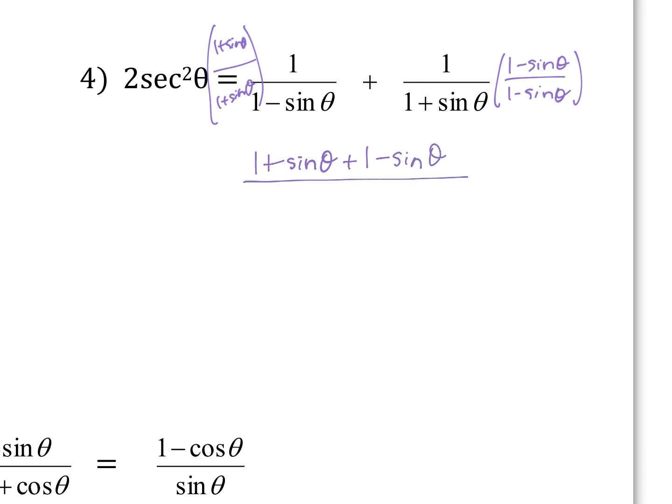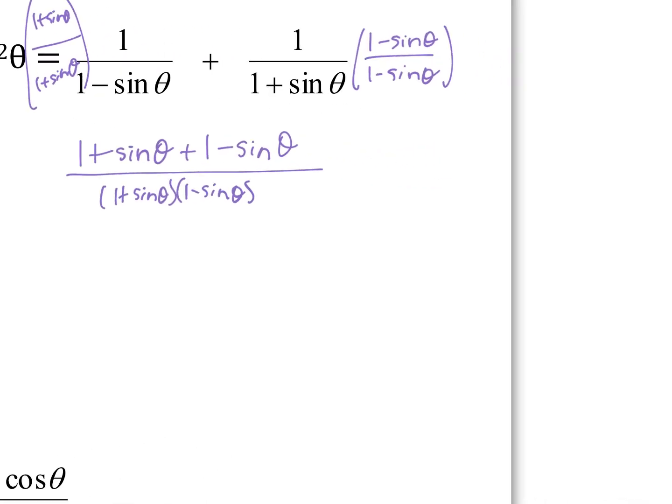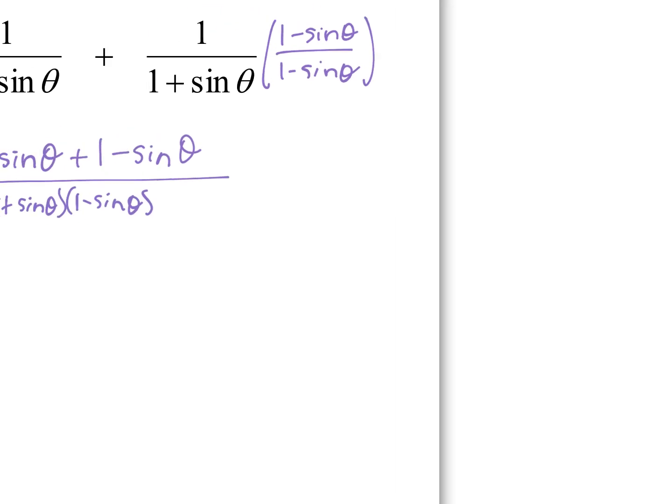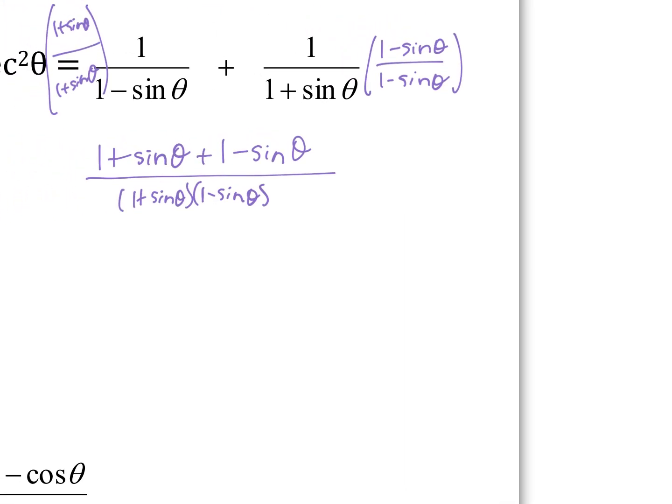And then this is all going to be over 1 plus sine theta times 1 minus sine theta. If I FOIL that out, I'm going to write this off to the side here. Notice also our signs add to 0, so I get 2 over 1 minus sine squared theta.